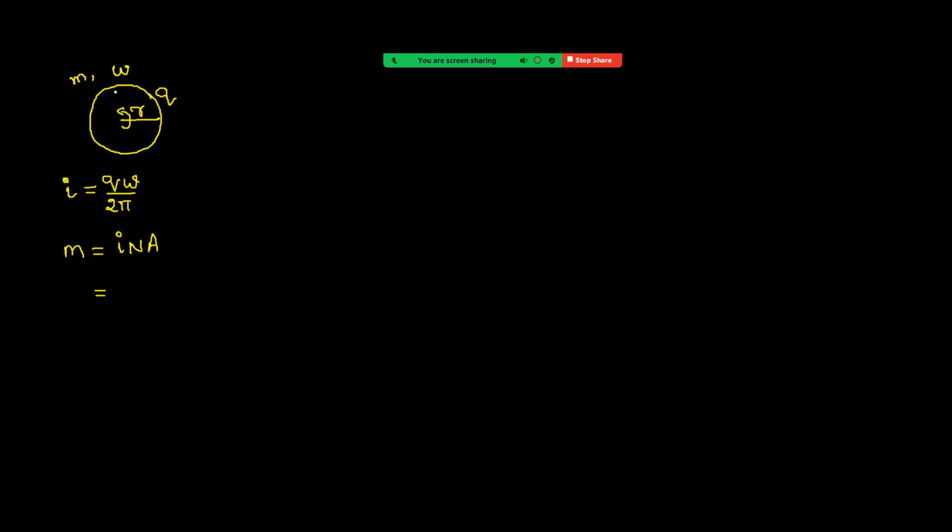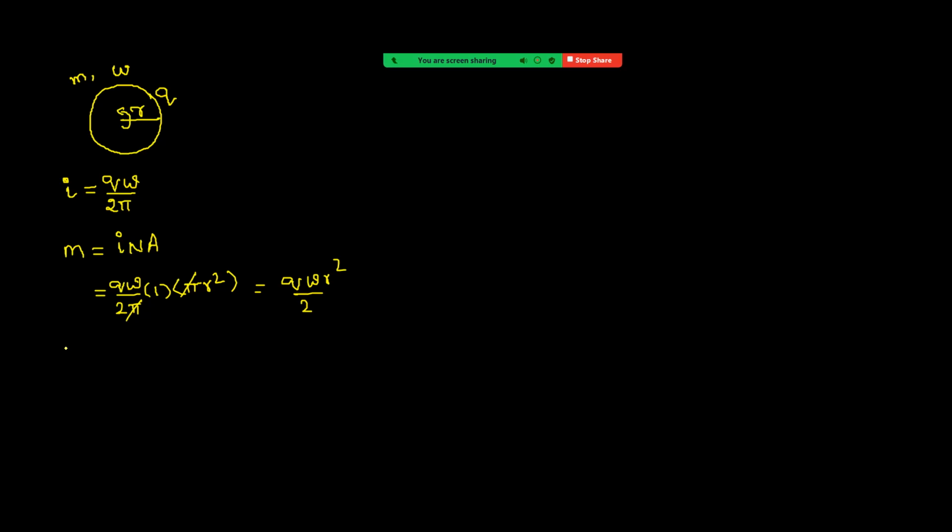It is not having a number of turns. Current is Q omega by 2 pi, N is 1, and A equals pi r square. So pi gets cancelled. It is now Q omega r square upon 2.